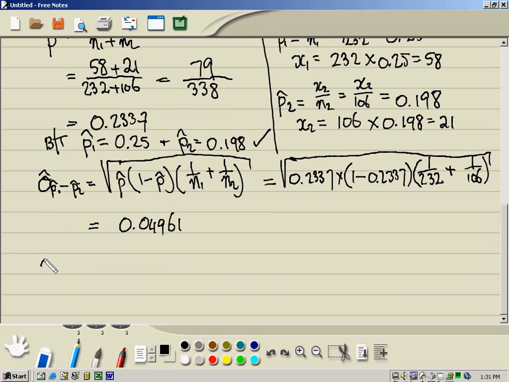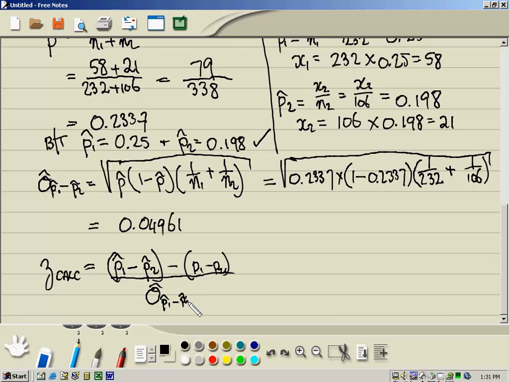And now we can finally do the z-calc, which is the sample difference, p hat 1 minus p hat 2, minus the hypothesized difference, p1 minus p2, which is always 0, divided by the standard deviation, sigma hat of p hat 1 minus p hat 2.